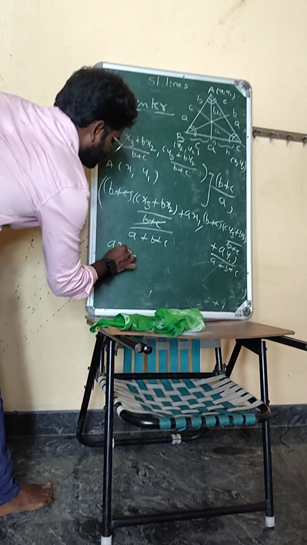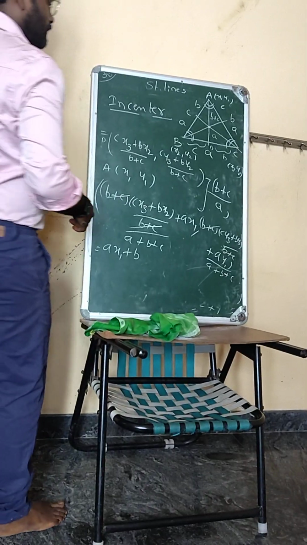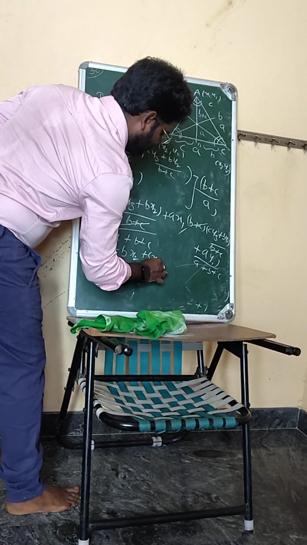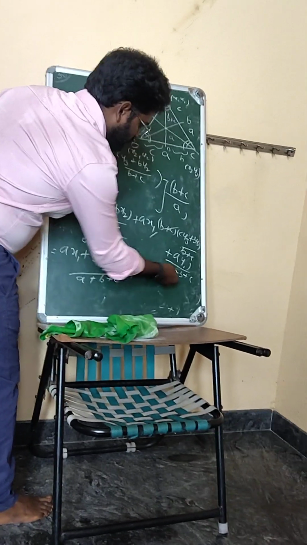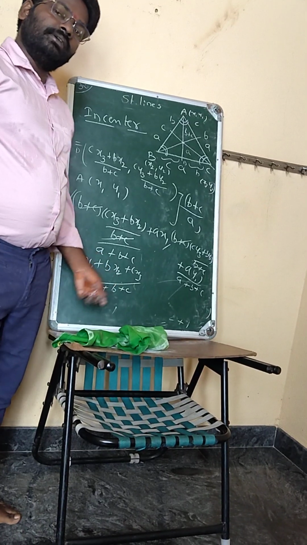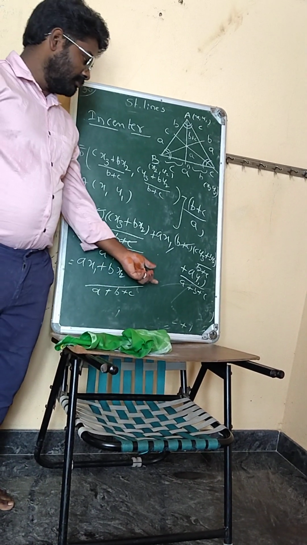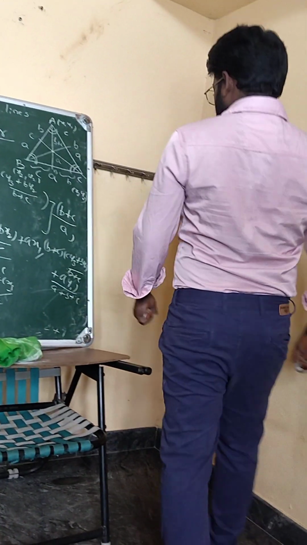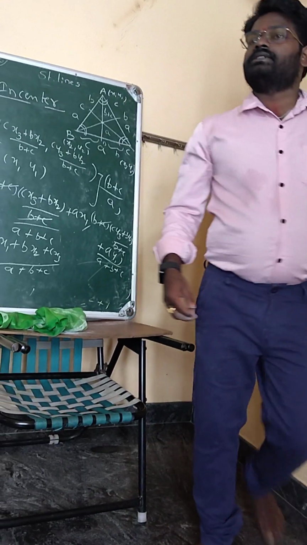Remaining point: (a x1 plus b x2 plus c x3) divided by a plus b plus c. Same, y series also same. What is the formula? (a x1 plus b x2 plus c x3) divided by a plus b plus c. Next, (a y1 plus b y2 plus c y3) divided by a plus b plus c.